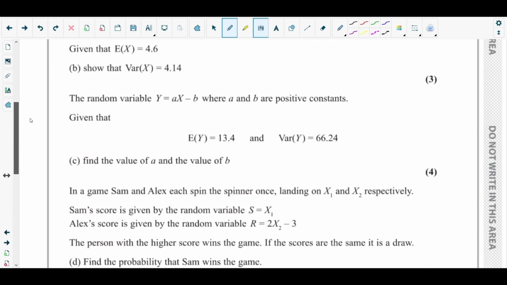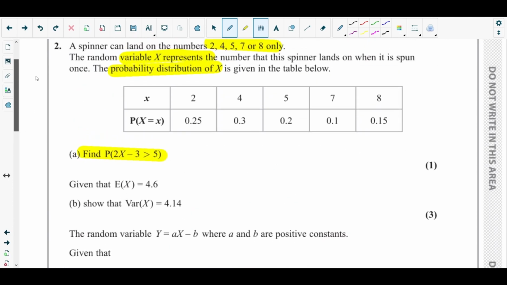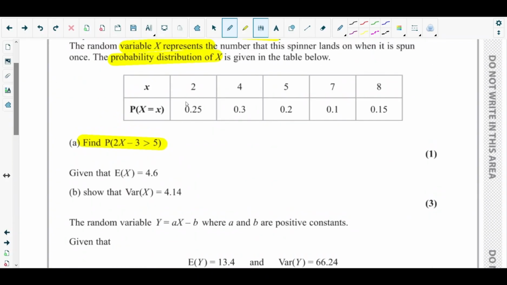Now let's see what the possible outcomes greater than 4 are. That is 5, 7 and 8, right? So that would be 0.2 plus 0.1 plus 0.15, which is 0.45.